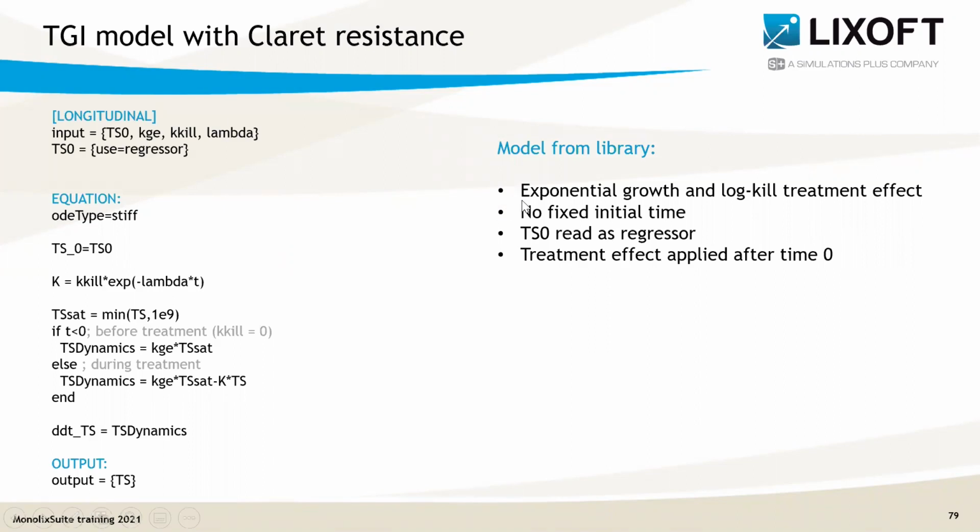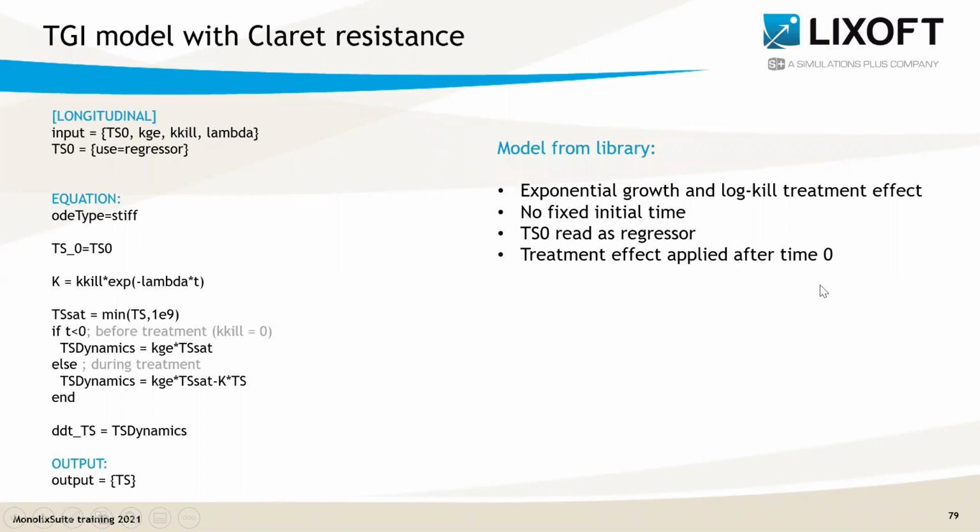This is a model with an exponential growth, a log-kill treatment effect, and Claret resistance, with the term here with the exponential and the lambda. Of course, this model is adapted to this data, so the initial tumor size is read as a regressor. There is no fixed initial time, and the treatment effect is applied after time 0.